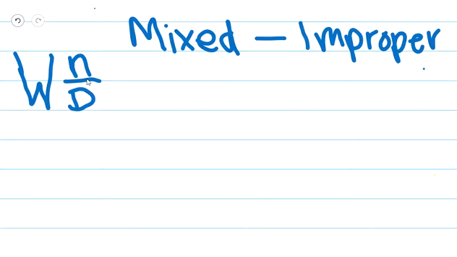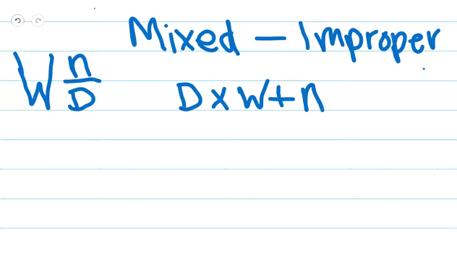Now, how do we convert a mixed number into an improper fraction? An improper fraction is one with a larger numerator and a smaller denominator. This is the formula right here. Let's start off with D, the denominator. We'd say D multiplied by W, which is the whole number, plus N, the numerator.